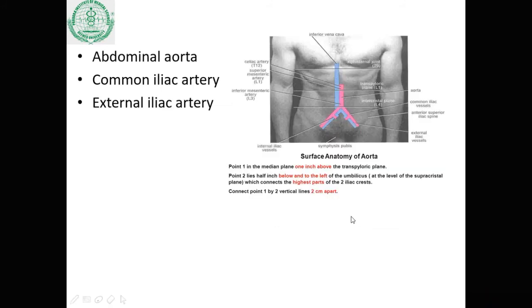Now moving on to the surface anatomy of the abdominal aorta. Here you have to draw the median and the transpyloric plane.